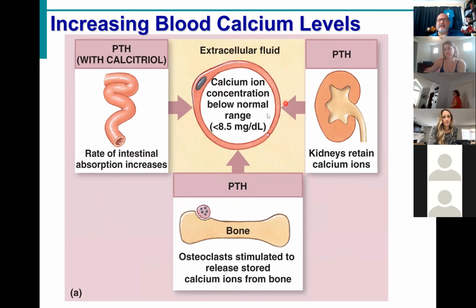It tells the kidneys to bring back more calcium. It stimulates the osteoclasts, so they break down more bone matrix, releasing the calcium into the blood, and it stimulates our calcitriol to tell the digestive system to absorb more calcium and bring calcium levels up.